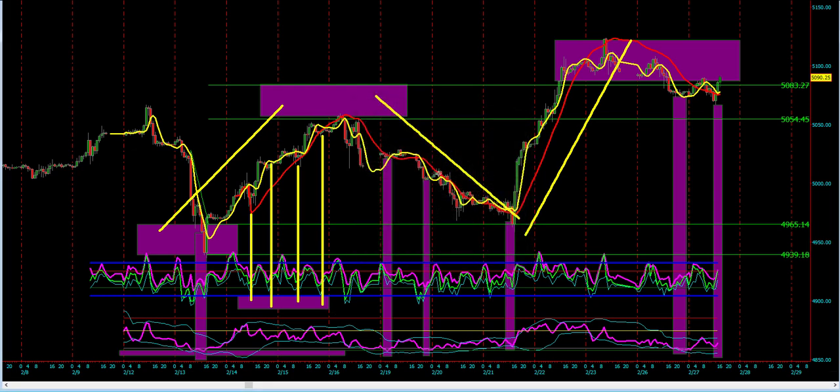Now I'm going to reverse and flip to the other side, where I'm going from here to here. I'm going to just sell the rallies, and sell the rallies. So I'm going to be taking the upper side of the equation until I reach my destination.